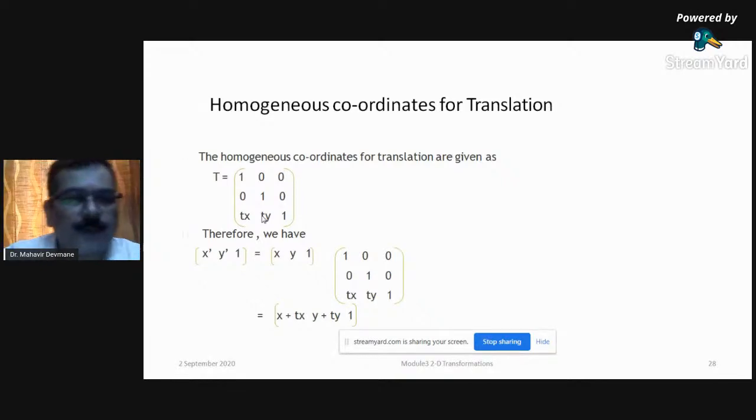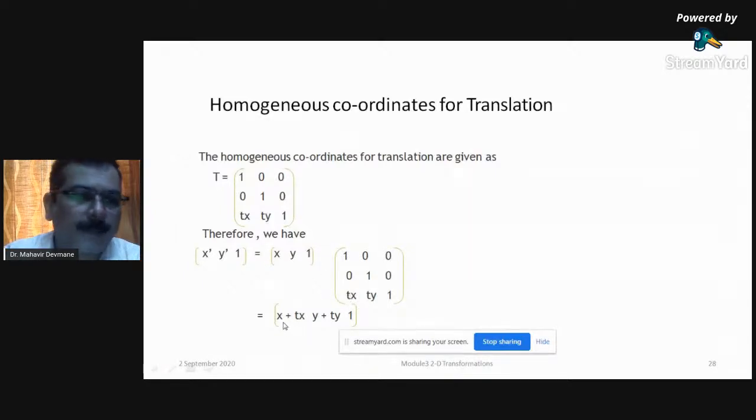So when we perform the translation operation on this pixel with coordinate value x comma y comma 1, we'll finally get the value as, see, x into 1, so x, y into 0 is 0, so 1, then 1 into tx is equal to tx.